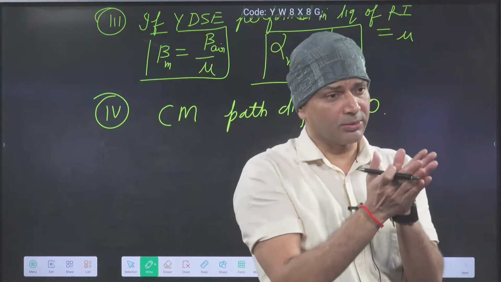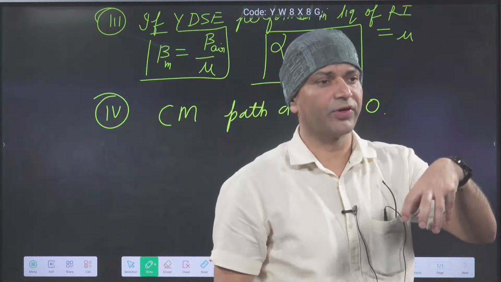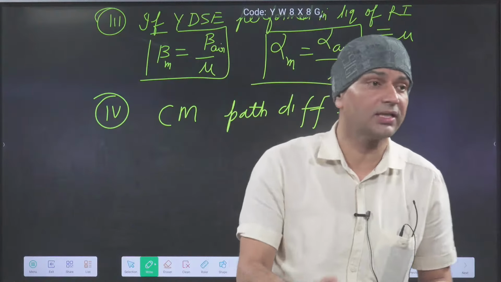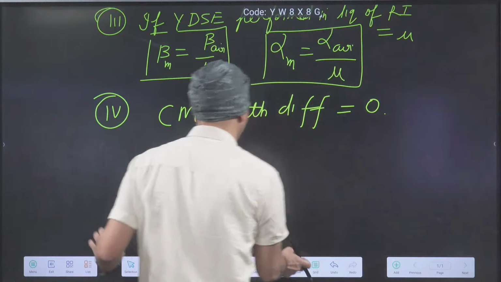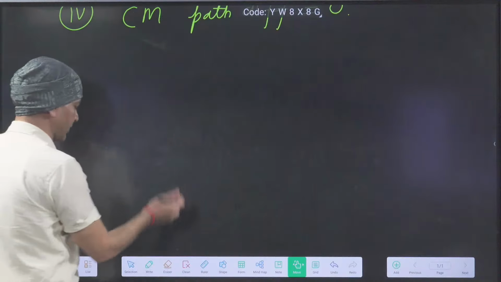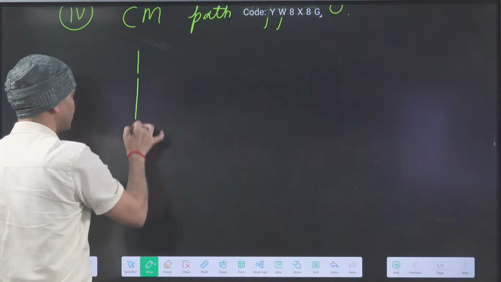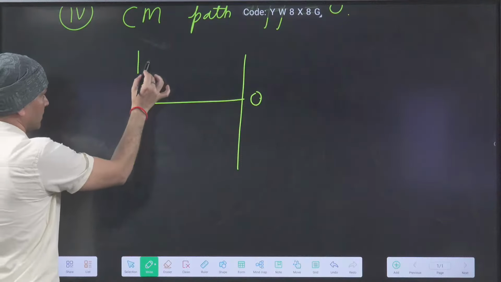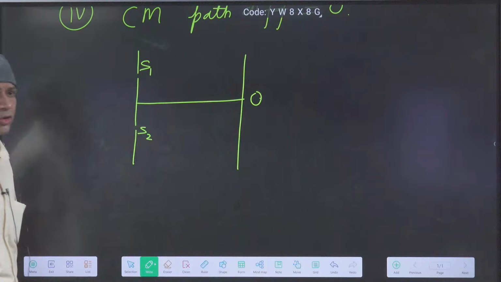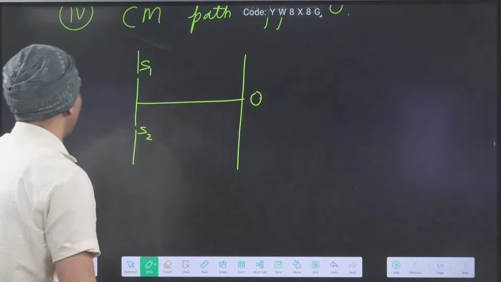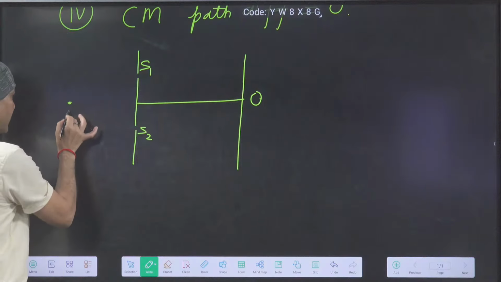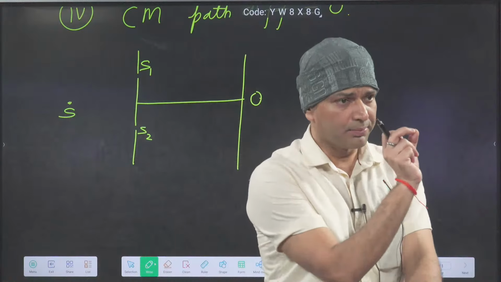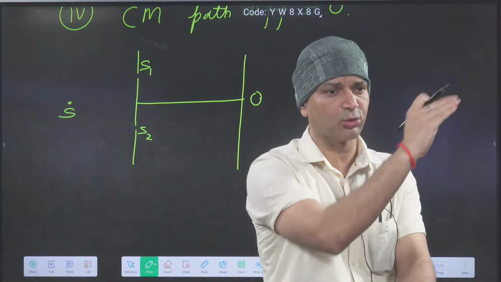Why? Because suppose before the slit, some path difference is there. Then after the slit, the path difference will not be zero at the bisector. I am taking an example; in NCERT also they have taken this. These are the slits, O is the bisector. Suppose I am taking the primary source S at the bisector. This is what Young has done. The primary source is put symmetric with respect to S1 and S2.